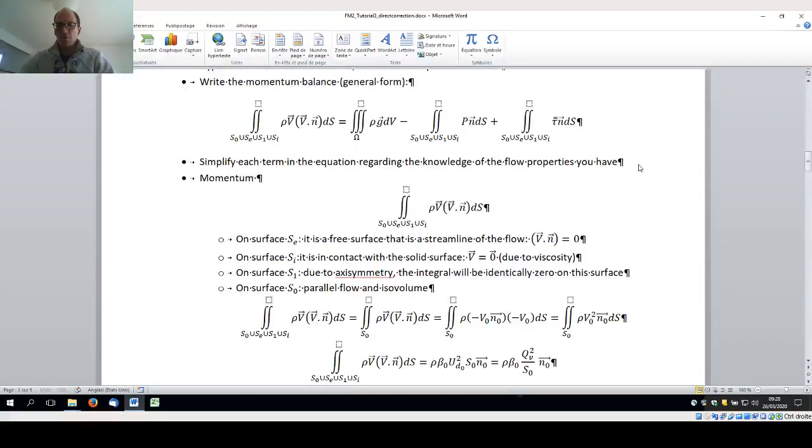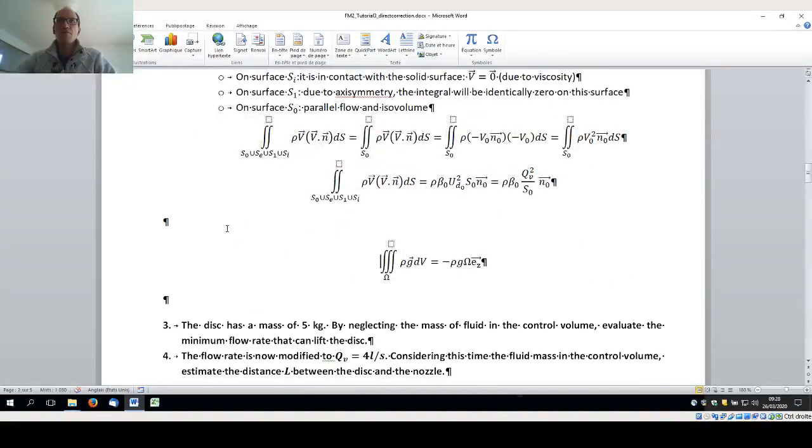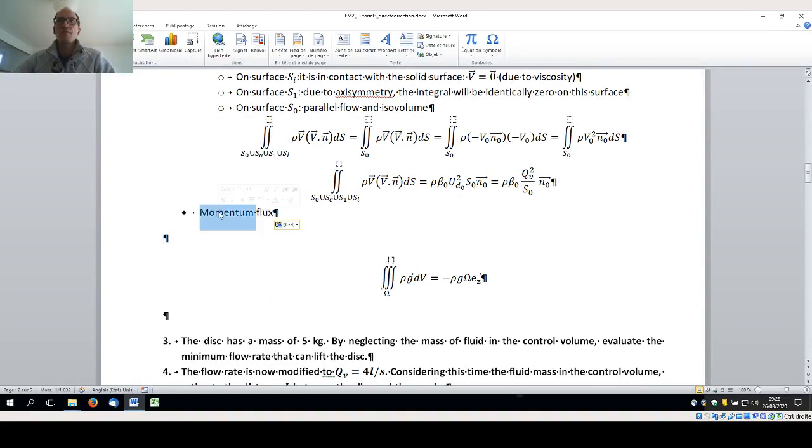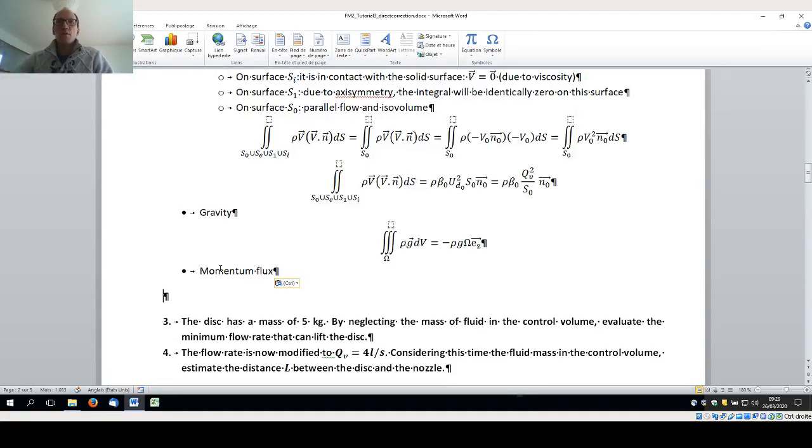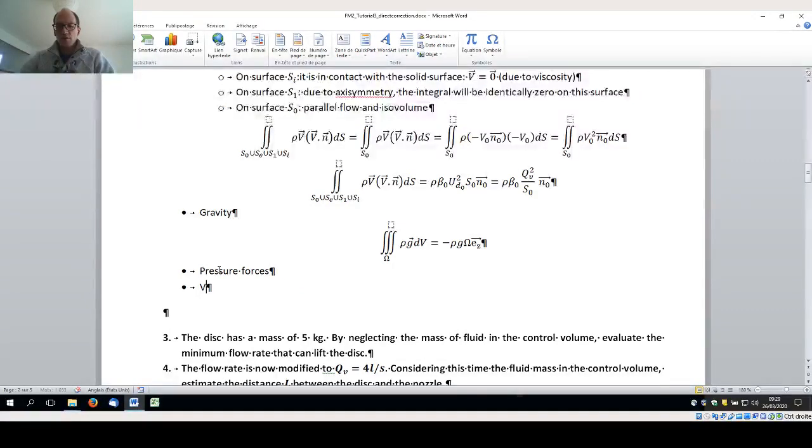So momentum flux. After we have the gravity. After we have pressure forces and viscous forces.